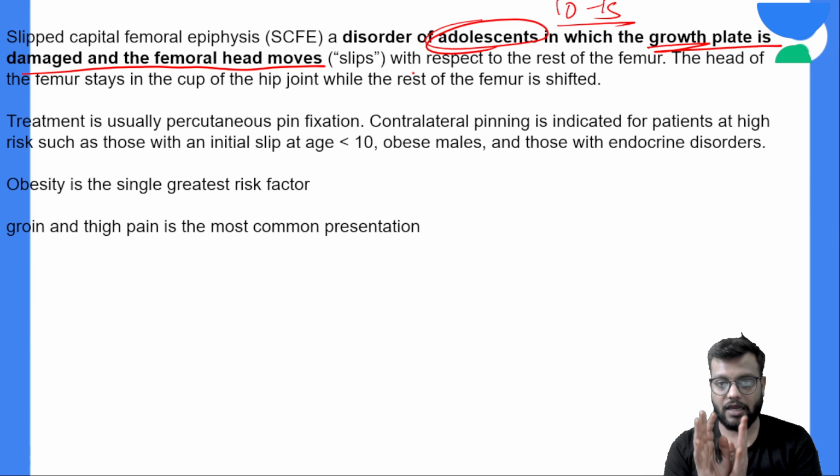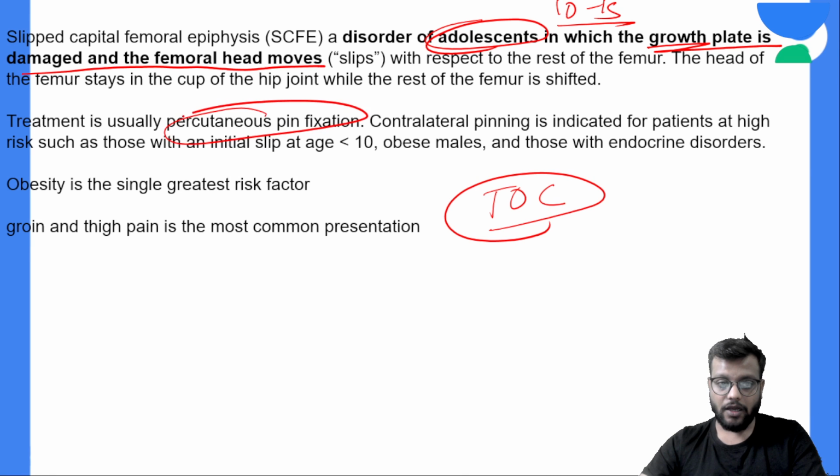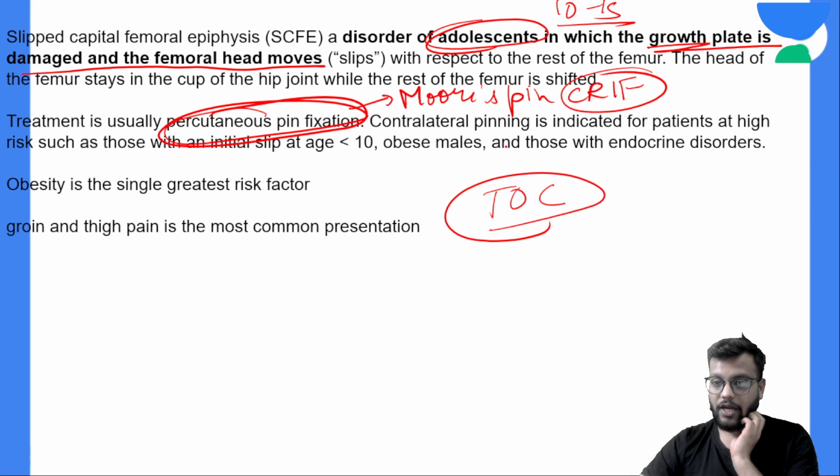The treatment of choice is percutaneous pinning by Moore's pin, or this is called CRIF, that is closed reduction internal fixation, and then maintaining it in traction.